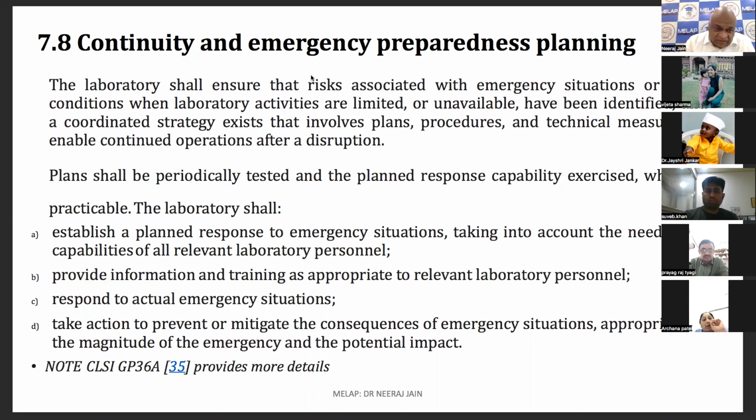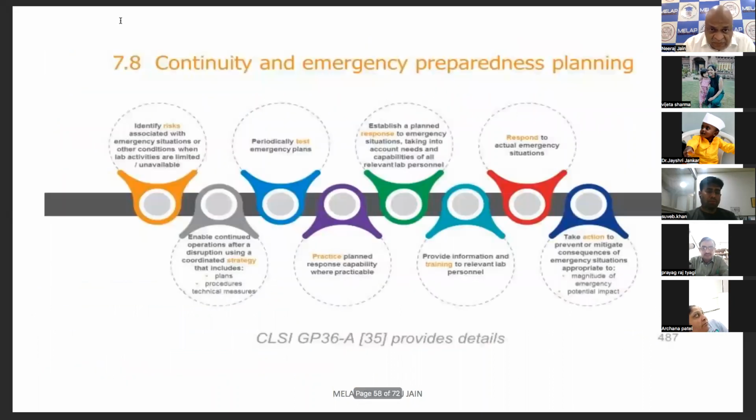You are in a medical college, there will be some outbreak of food poisoning or something else. Some immediate laboratory support is required. That way you have to develop some system. See, this is your process for emergency preparedness. This is as per the CLSI document.